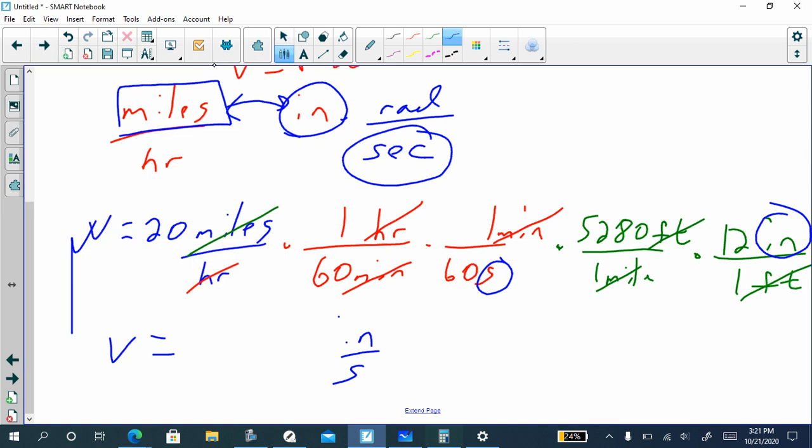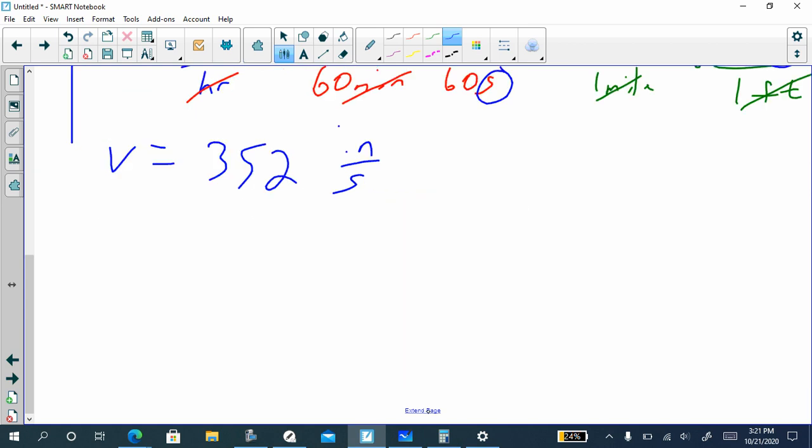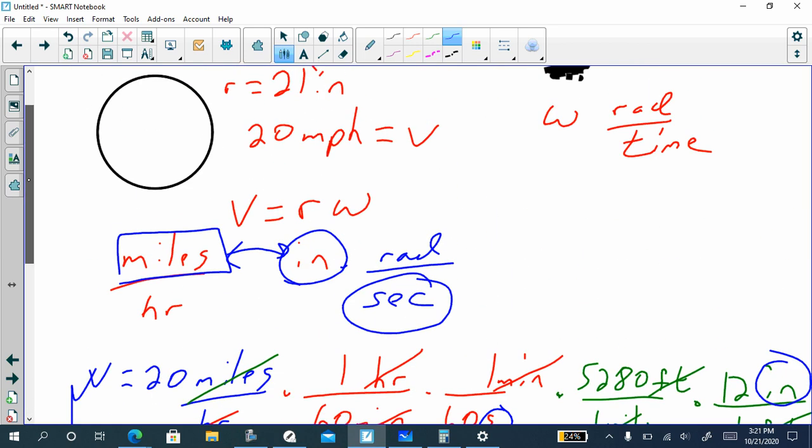So that's 352. So if you're going 20 miles per hour, you're going 352 inches per second. So remember, V equals R omega. So 352 inches per second equals R.